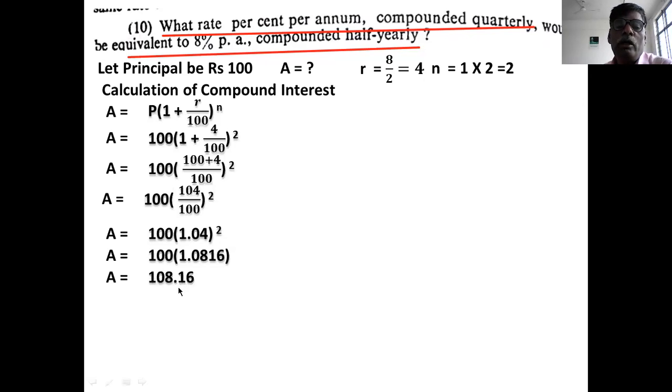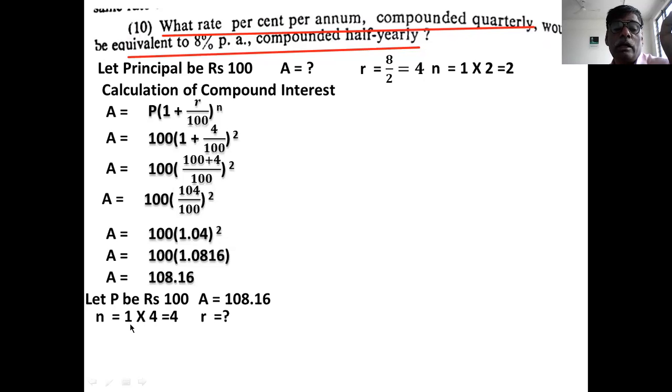Therefore, now I will take principal as 100, the same principal 100. Then amount required is 108.16 to make it equal. Then R is question mark. N is 1 into 4, equal to 4. In 1 year, there are 4 quarters.